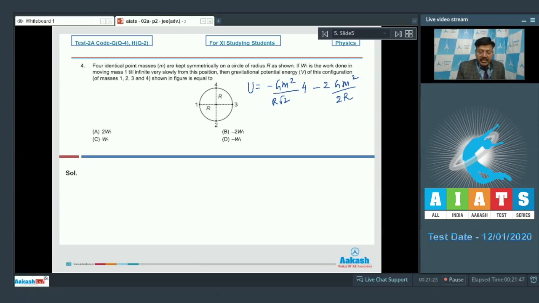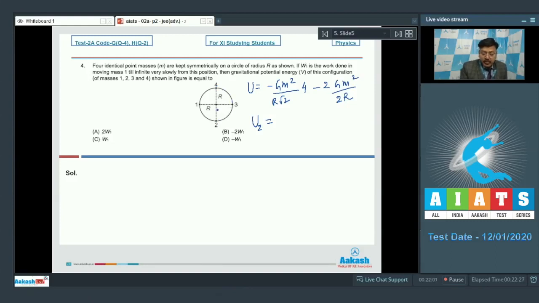And we have to express this in terms of W1, where W1 is the work done in moving mass 1 to infinity very slowly from this position, right? So to calculate W1, we find the gravitational potential energy, let's call it U2, when 1 has been taken to infinity and the other 3 remain. Then we have only 3 pairs: one pair between 2 and 3, the other between 4 and 3, and one between 4 and 2.